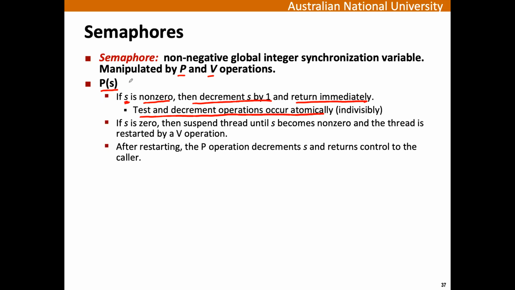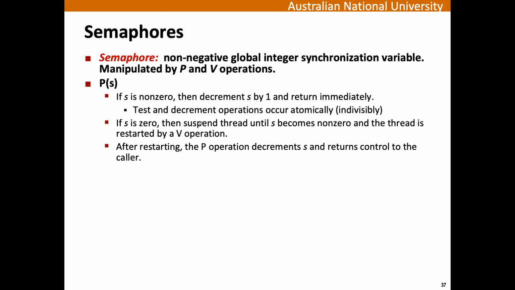So testing if S is non-zero, that's a test. And then this decrement is the other thing that happens. And these two operations happen atomically using special hardware support, special instructions.